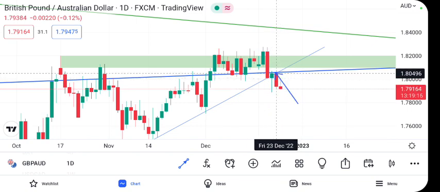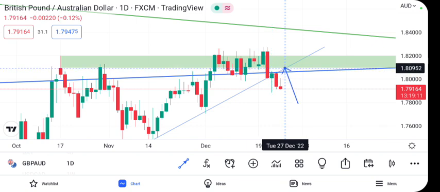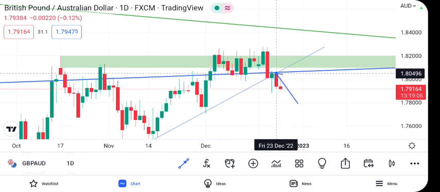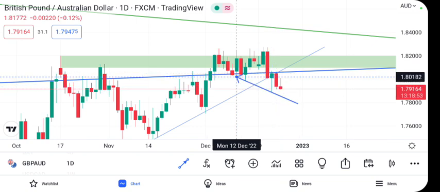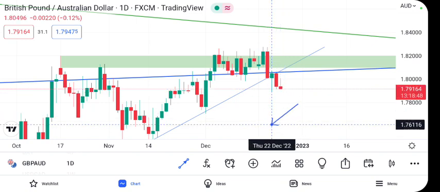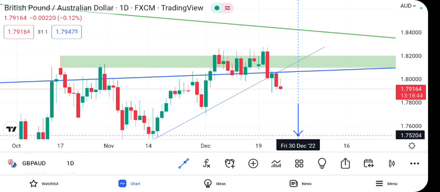The same case that applies with the supply and demand zones also applies with the trend lines. If this red candle had closed above this trend line, you would have said that it is still an uptrend, and you would have bought. But since it broke the trend line to the downside, now I'm expecting it to fall to, as I said, 75. That's what I'm expecting.